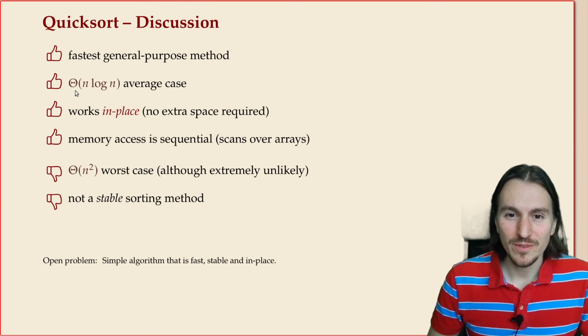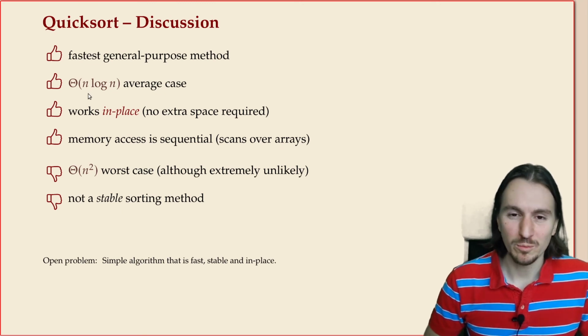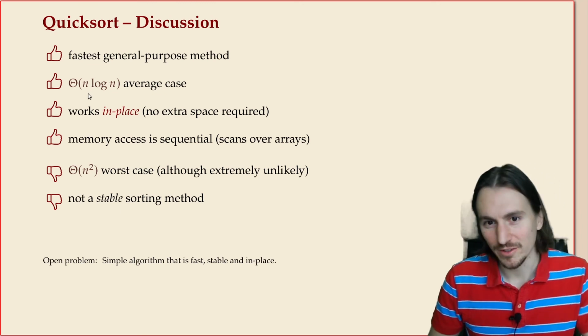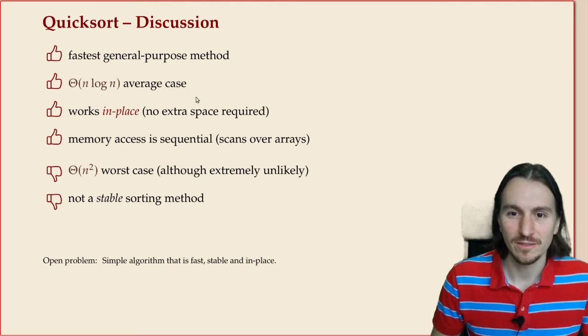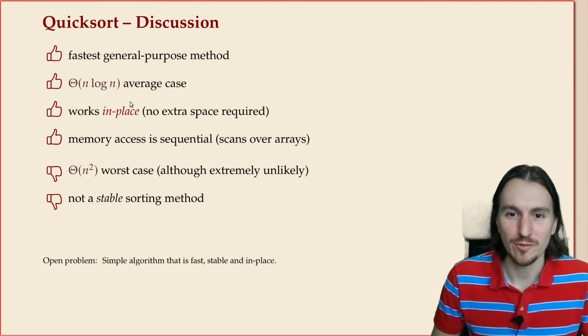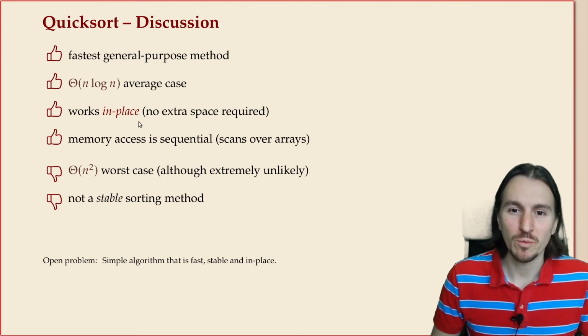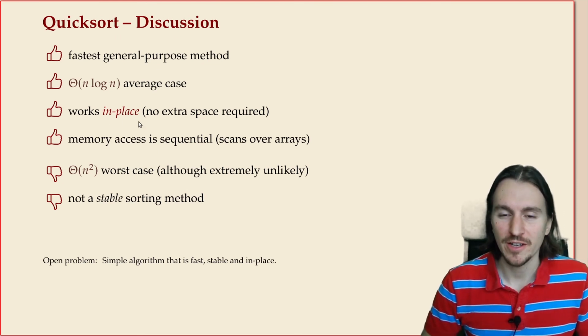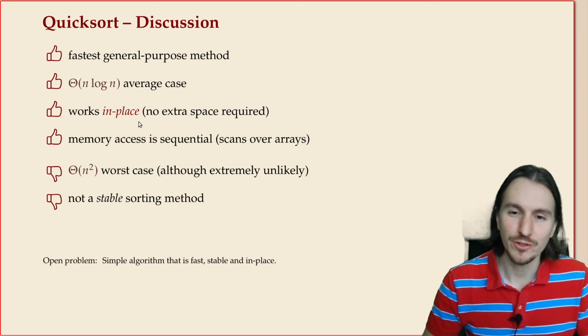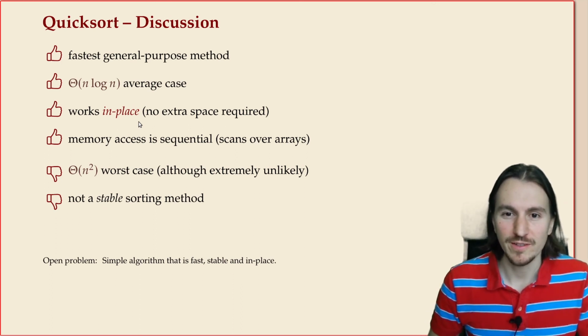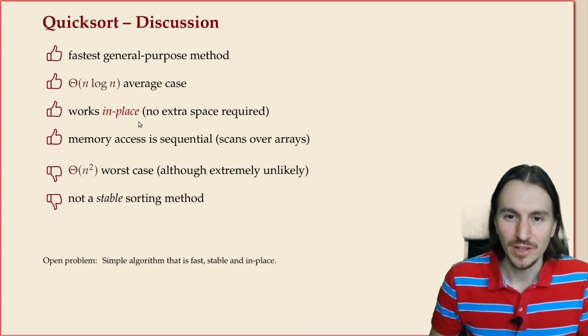It has the same performance as merge sort in the average case, or as I just commented lengthily, with high probability and all that if you randomize. And another good thing that merge sort couldn't do is it works in place. It doesn't need really any extra space apart from the recursion call stack. But that's very, very little compared to the large buffer area that merge sort needed.